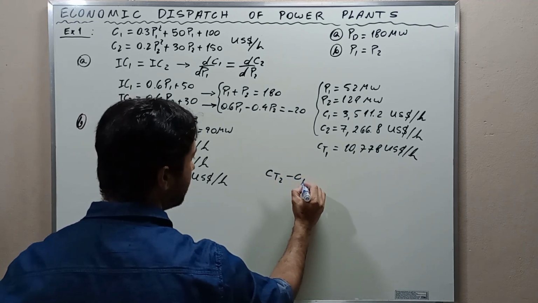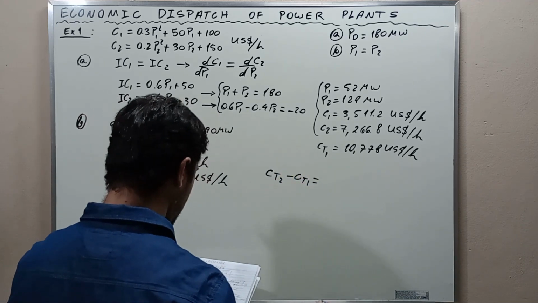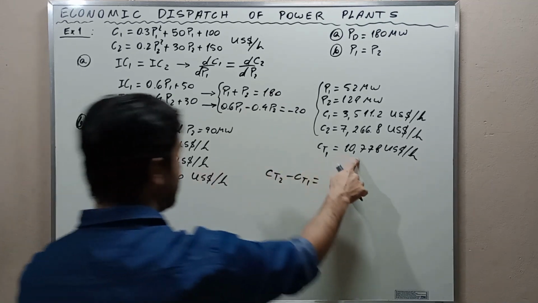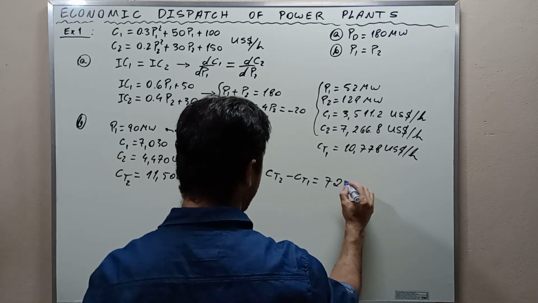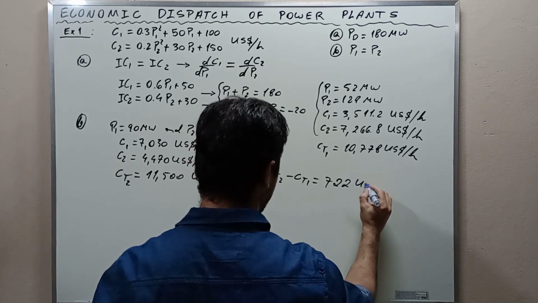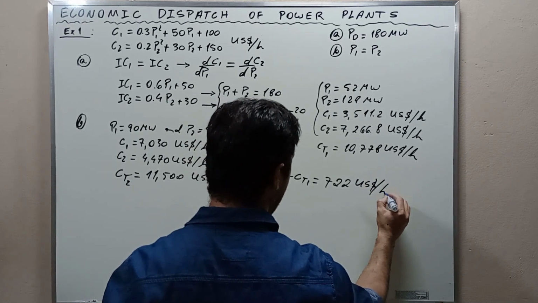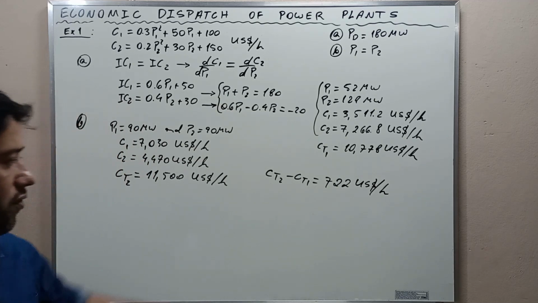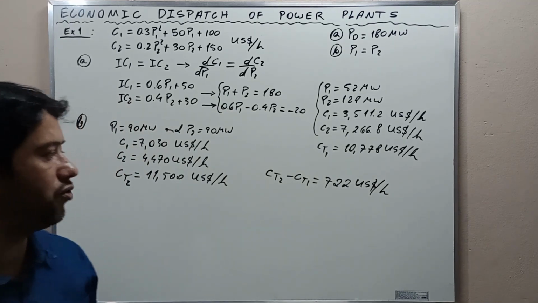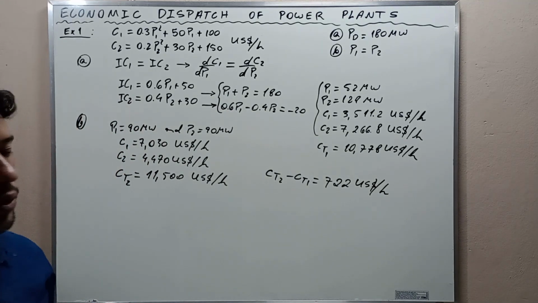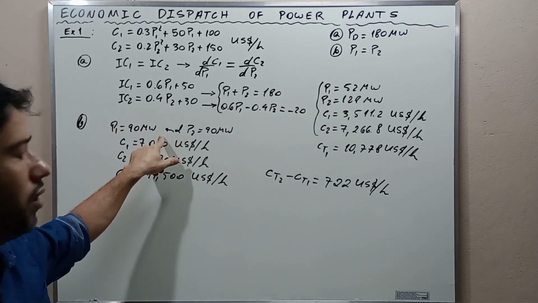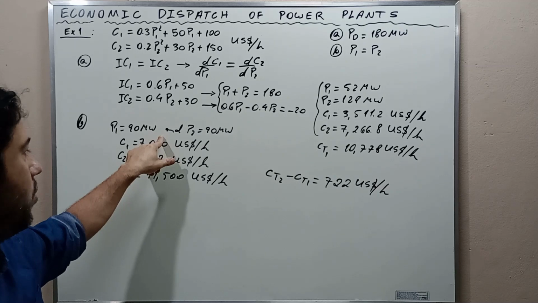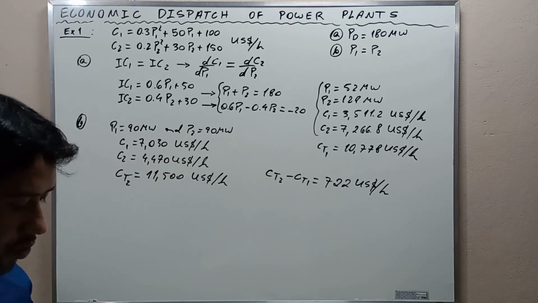CT2 minus CT1 will be equal to this number minus this number, and it is $722 per hour. We are saving $722 per hour when we dispatch them optimally rather than when we share the load equally among the generating units, okay?